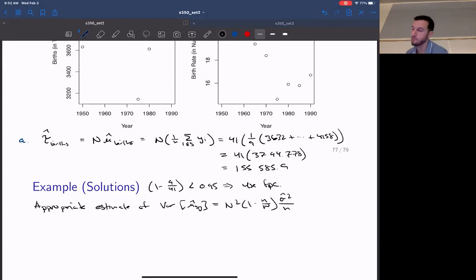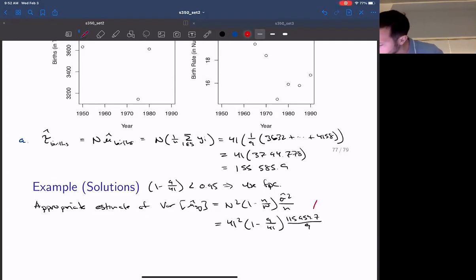Okay, so sigma squared hat here is just going to be the squared difference divided by n minus 1 of each observation in the sample minus the mean for the entire sample. So I didn't give this value in the slide, which was a bit of an oversight, but I'll just give it to you here. So this is going to be 41 squared, 1 minus 9 over 41. And then sigma squared hat is going to be 115,959.7 divided by 9.